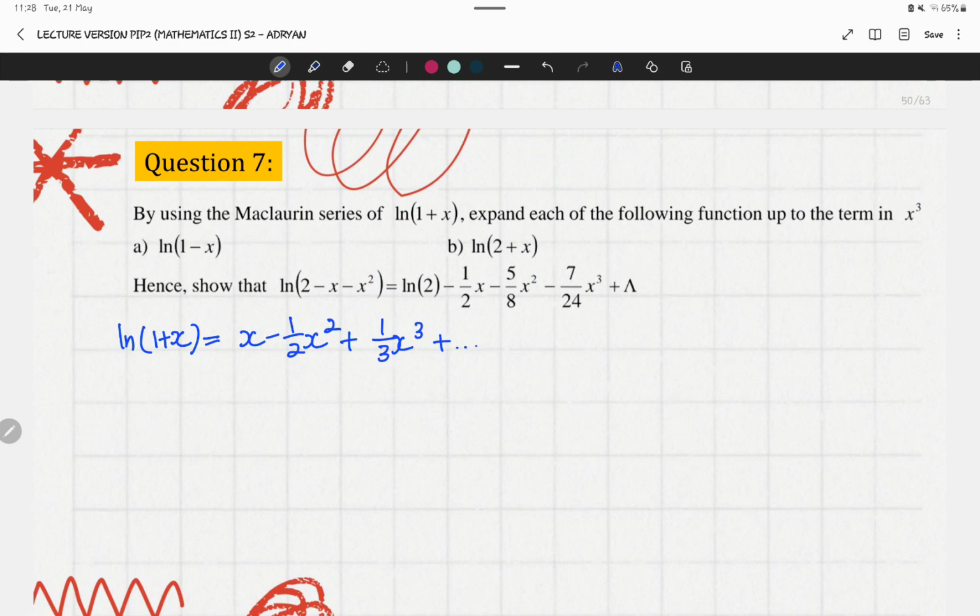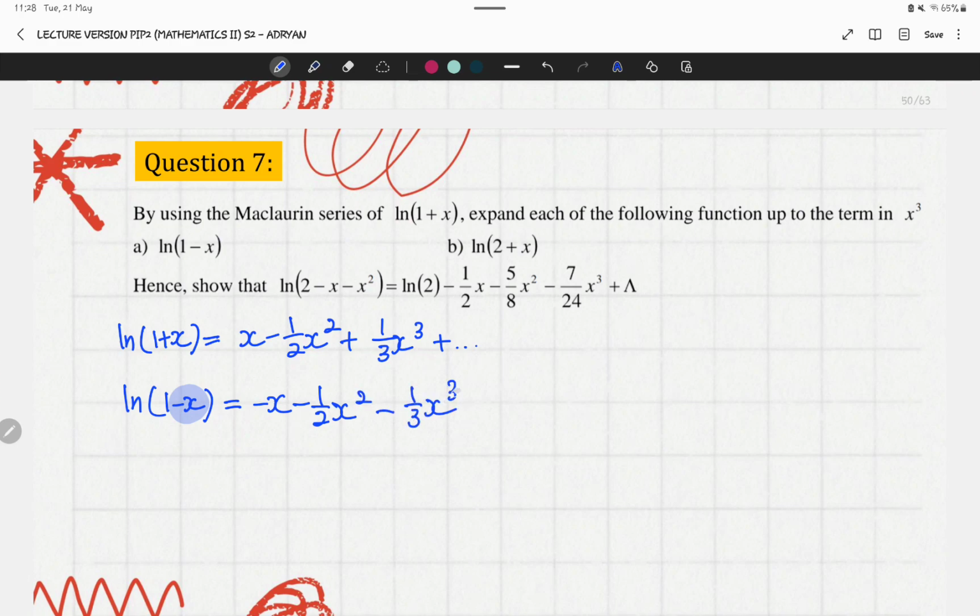So when you are finding ln(1 - x), what is the difference between the two? You are only substituting negative x into your equation.